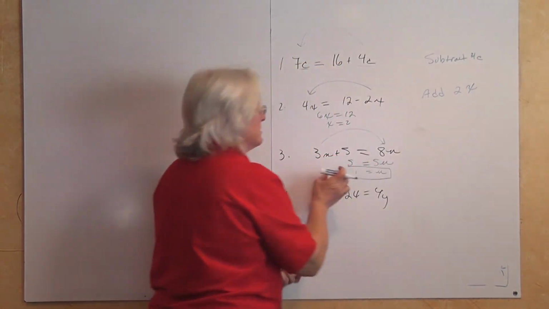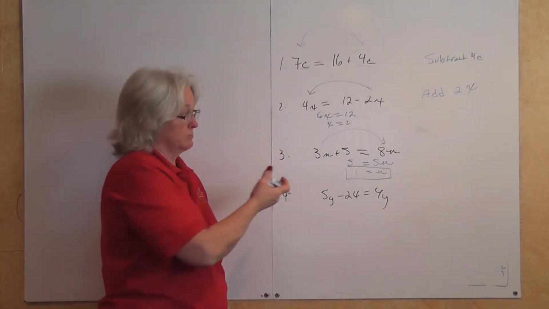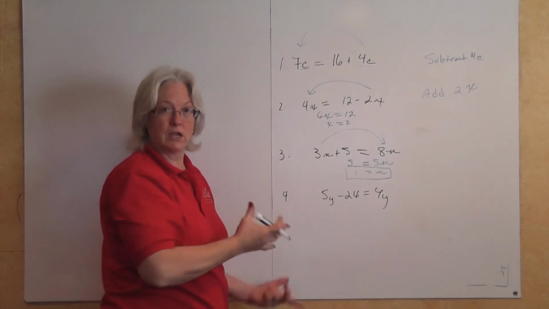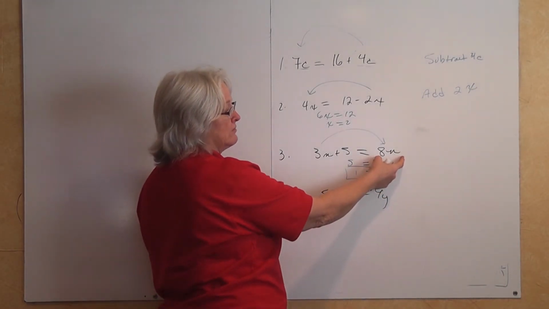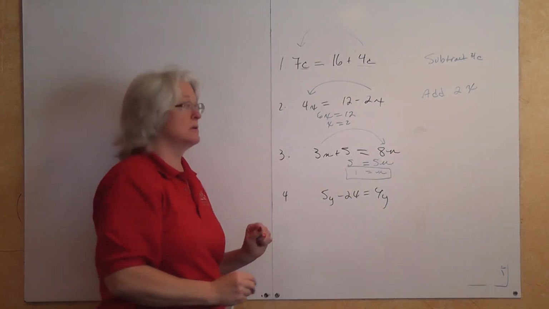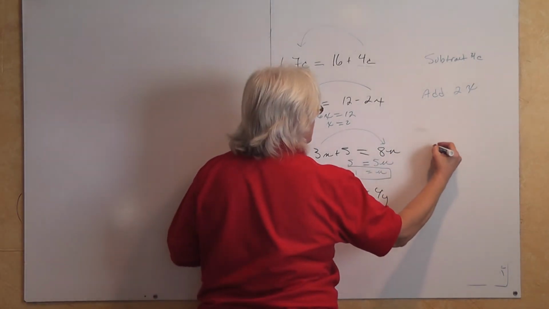Let's say that we just wanted to isolate it on the left-hand side. Can you do that? Sure, nothing wrong with it at all. What are we going to have to do so that we don't have any n's on the right-hand side of the equation?